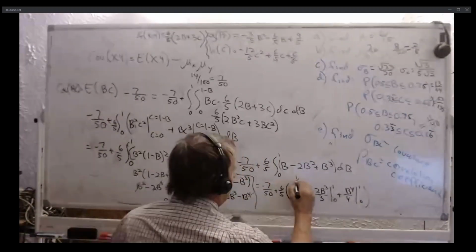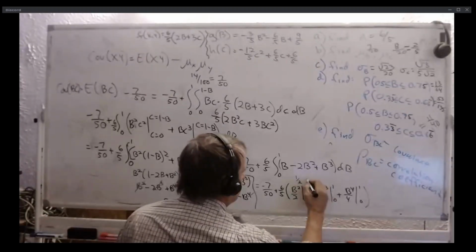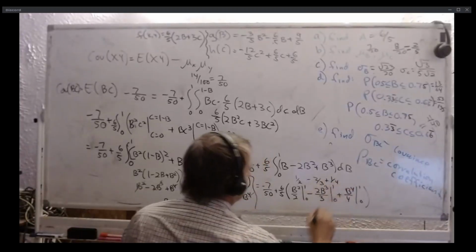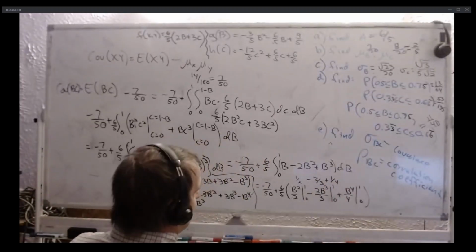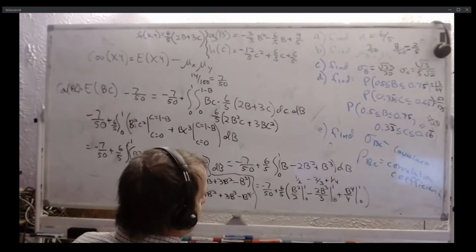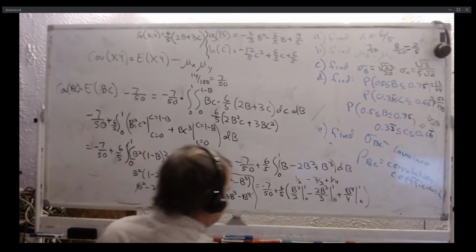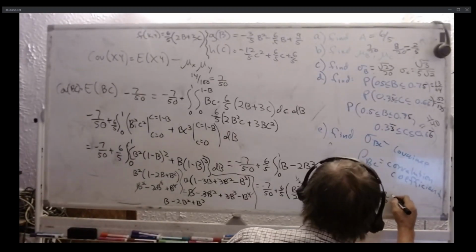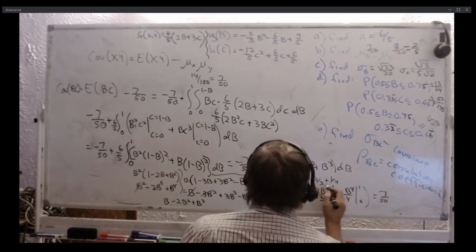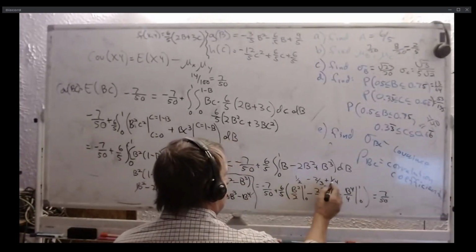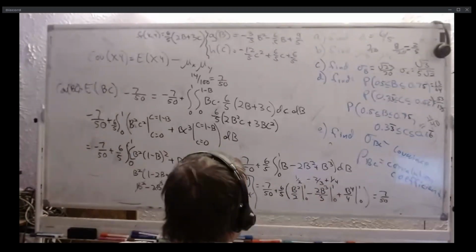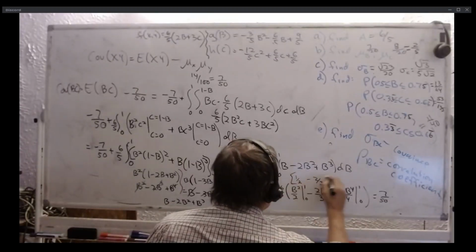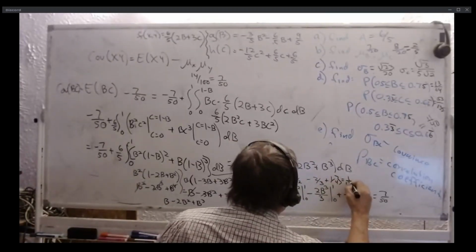Well, this is going to go to 1/2. This is going to go to minus 2/3. This is going to go to 1/4. Okay, guys? So I get negative 7/50. Let's see, if you do this math, you get 3/4 minus 2/3. If I'm not mistaken, this equals 1/12.